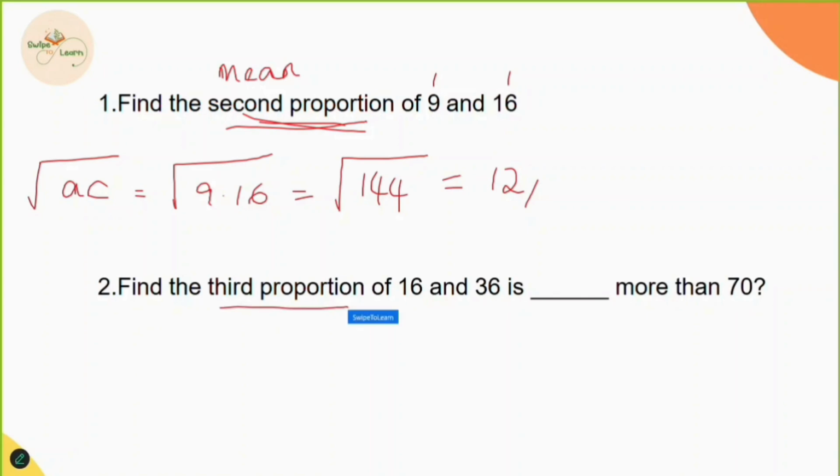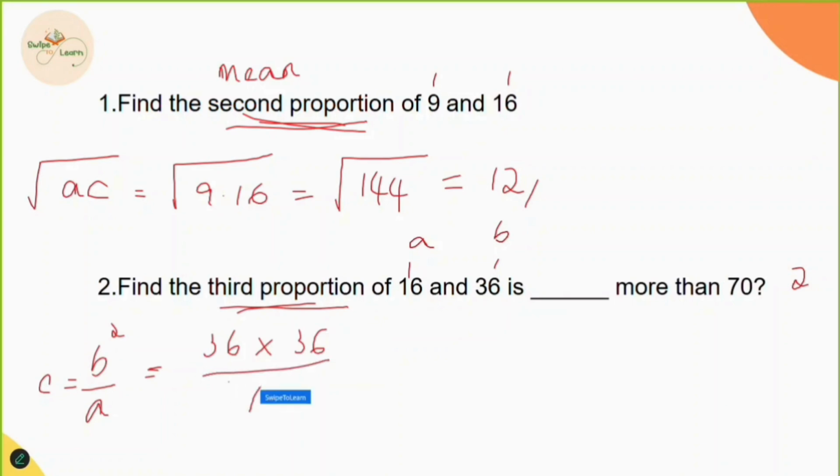Find the third proportion of 16 and 36, and say how much more than 70 it is. We need to solve this question in two steps. The first step is finding the third proportion, and the second step is finding how much more than 70 the result is. We know the third proportion C equals B square by A. Here 16 is A and 36 is B. That gives us 36 into 36 divided by 16.